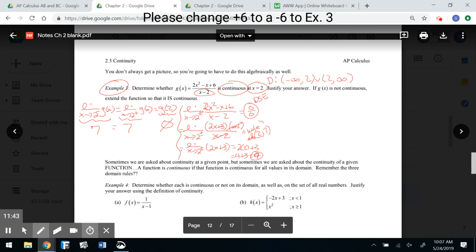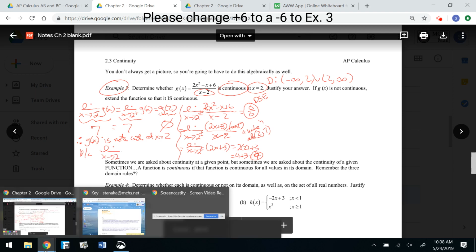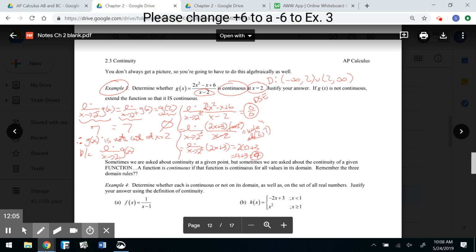We would say that g of x is not continuous. Therefore, g of x is not continuous at x equals 2 because the limit as x approaches 2, remember, I don't have to do left or right because it's actually the same thing, of g of x does not equal g of 2.